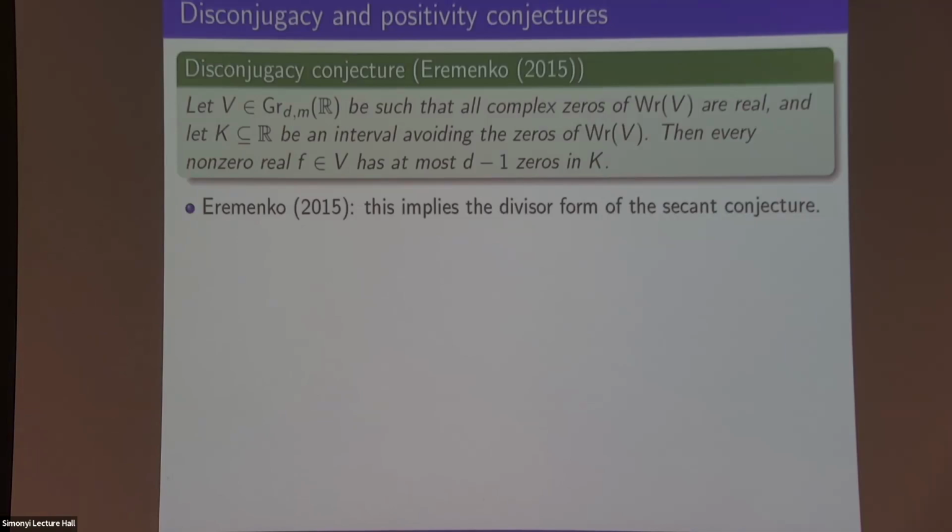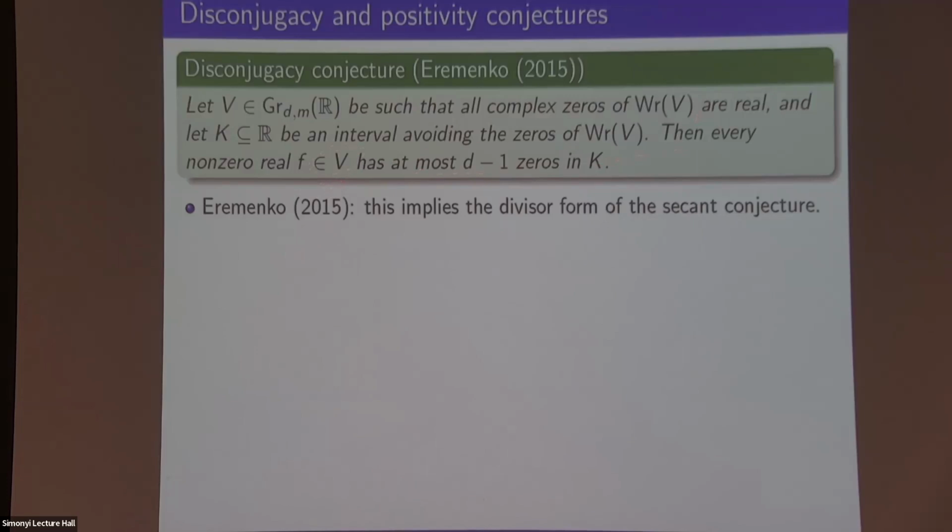It says that if I have an element of the real Grassmannian, which again I'm thinking of as a d-dimensional subspace of real polynomials, and all the complex zeros of the Wronskian are real, and I let K be any real interval which avoids these zeros, then every non-zero real polynomial in my vector space has at most d minus 1 zeros on that interval.